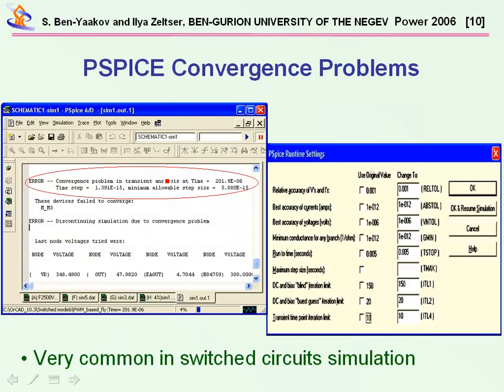Now, the terrible thing about PSPICE is, of course, that once you start running, in many cases you get this window saying that there is a convergence problem, and then you have to start playing with the options, the settings of the simulation, the sensitivity, tolerances, etc., to try to overcome the problem, which is a function of the rate of change of the waveform.